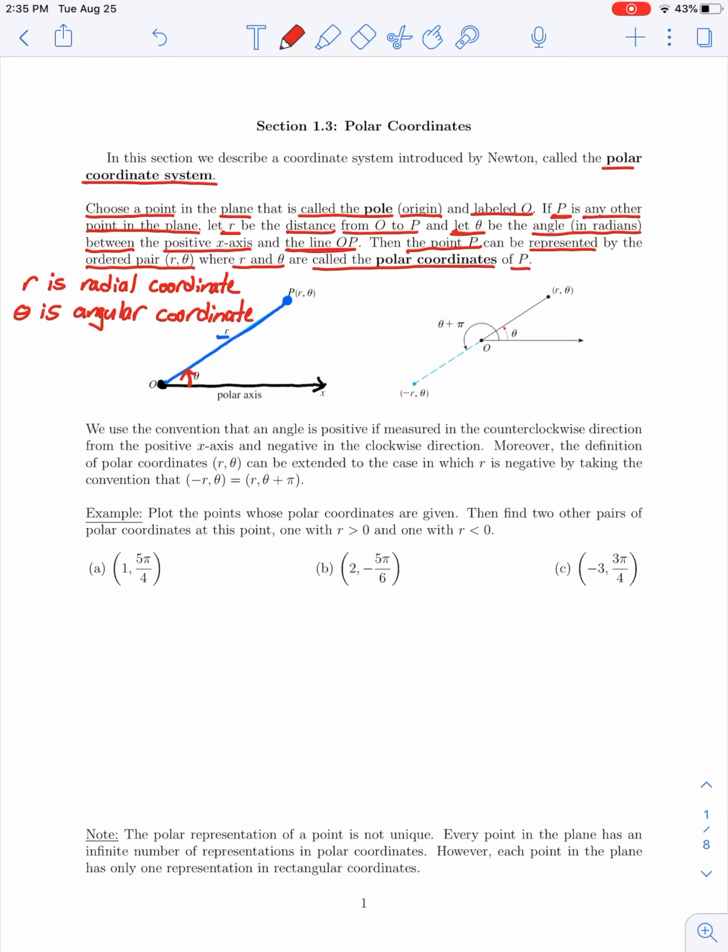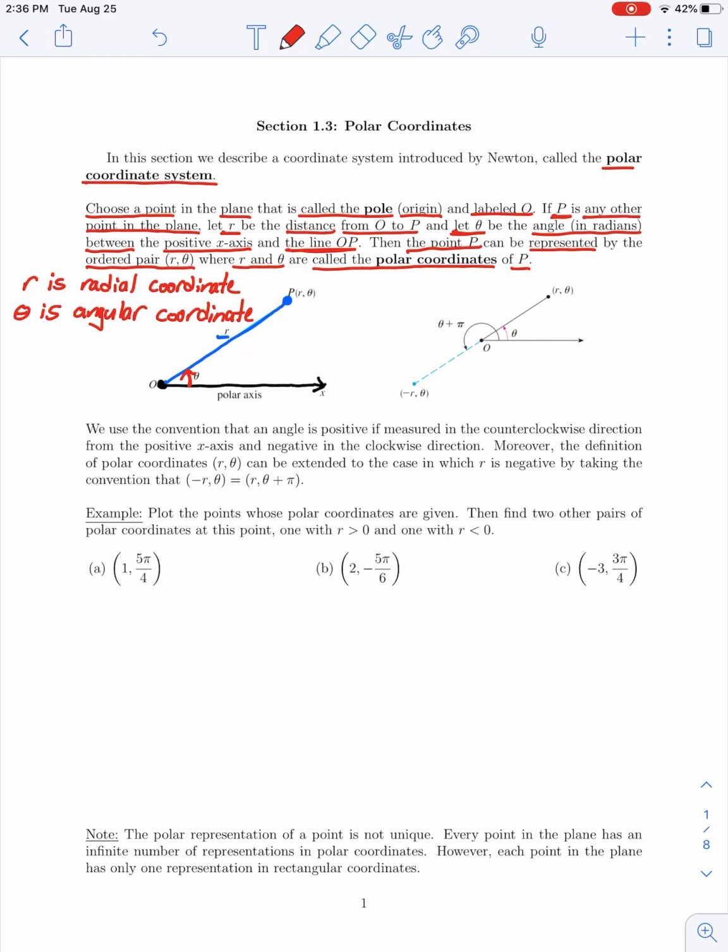So this polar coordinate system that we've described here gives us a way to represent all points in the plane. Instead of in terms of x and y, we can define any point in terms of r and theta. That is, the distance from the origin directly to our point along some line is the value r, and theta is the angle measured from the positive x-axis, or sometimes called the polar axis, to the line which connects my point to the origin.